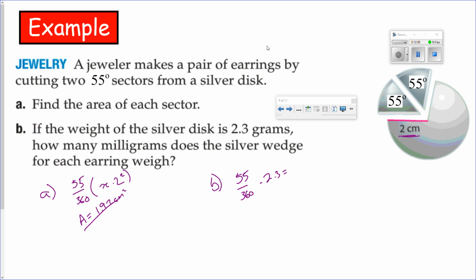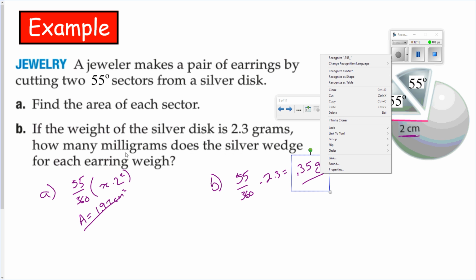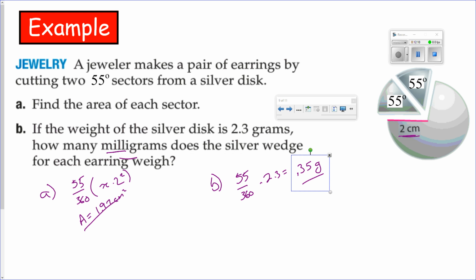So 55 360ths times 2.3, I'm getting 0.35 grams. But the question was, how many milligrams? Watch for units. Milli means thousandth, right? So how many thousandths? So I got to multiply that by 1,000, and it becomes 350 milligrams. Same weight. These are the same thing. They just are in different units. The idea is the same as going between inches and feet.